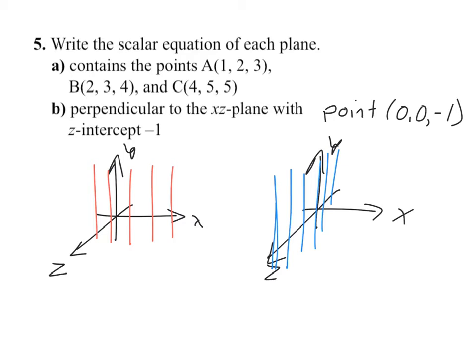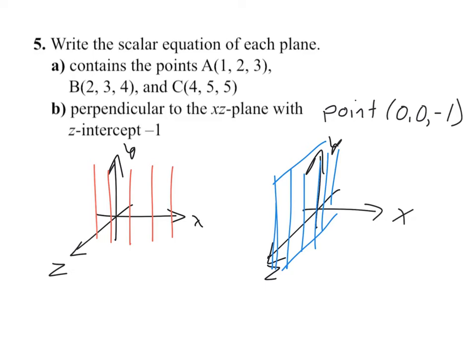Well, we're told that this plane we're interested in has a z-intercept. That means it has to intersect the z-axis at only one point. So if you look at this plane that I've sketched on the right-hand side, the blue one, it's either going to contain the z-axis, if we make it right there in the yz plane, or if we shift it to the left or to the right, it's going to be parallel to the z-axis.